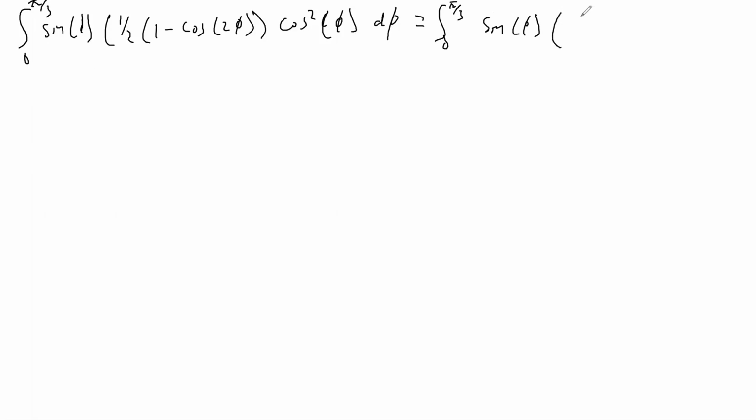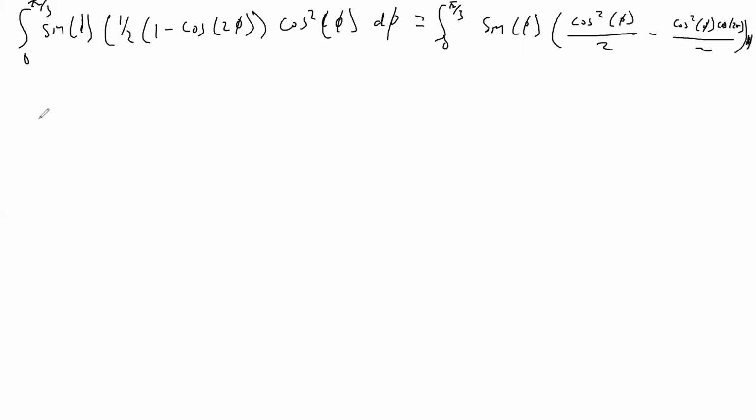It'll be cosine squared of phi divided by 2 minus cosine squared phi times cosine 2 phi over 2, d phi.